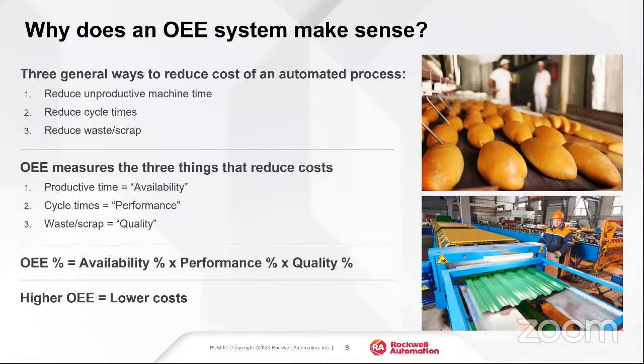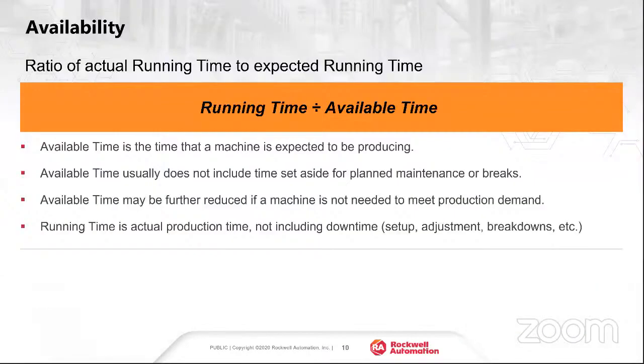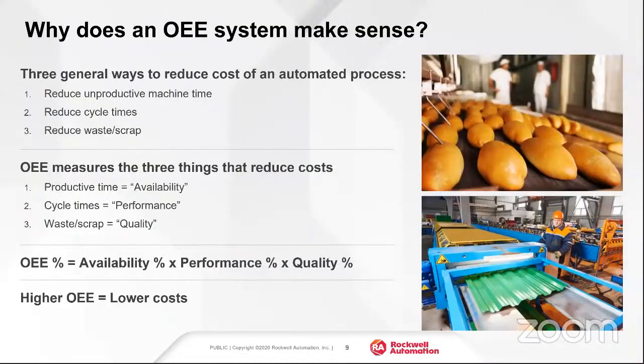And it can also give you the quality metric, whether the process output is at the right quality, right? And so OEE percentage is basically availability into performance into quality. And higher OEE means you are paying lower to produce per unit for that specific part.